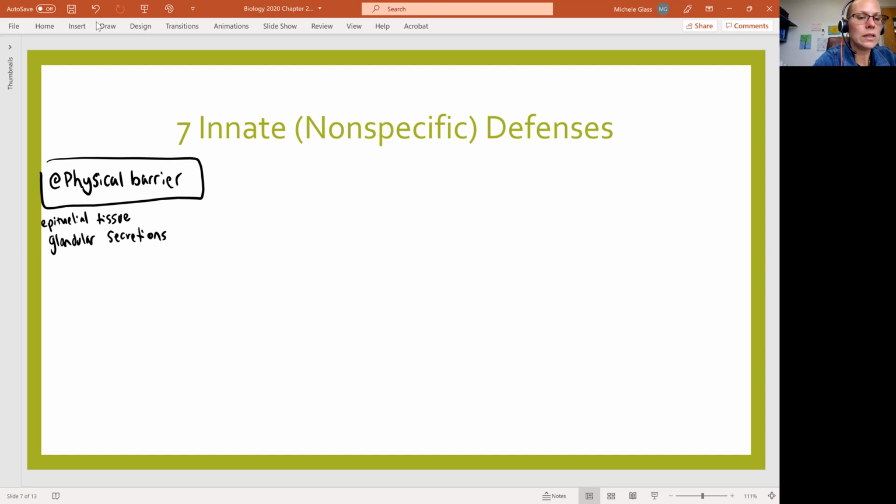But we also see, for instance, our saliva is going to include lysozyme, which is an enzyme that's going to help digest bacterial cell walls. So that's pretty awesome. Let's write that in. Digest bacterial cell walls.